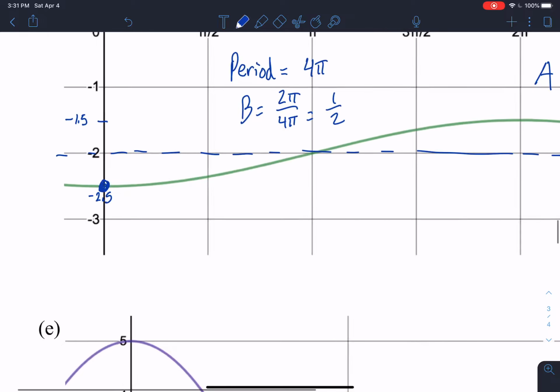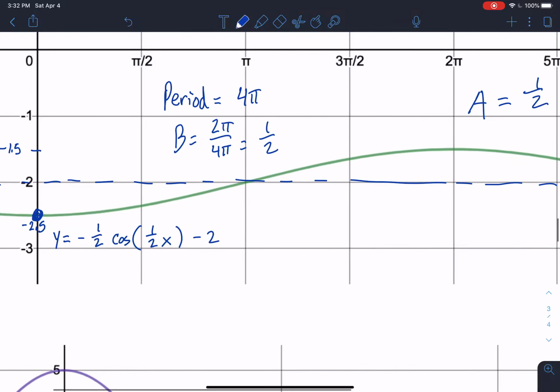Now I can write my equation. Because this is a low point, it's going to be negative cosine. So this is y equals negative 1/2 cosine of 1/2 x minus 2. And then the next point would be an axis point.